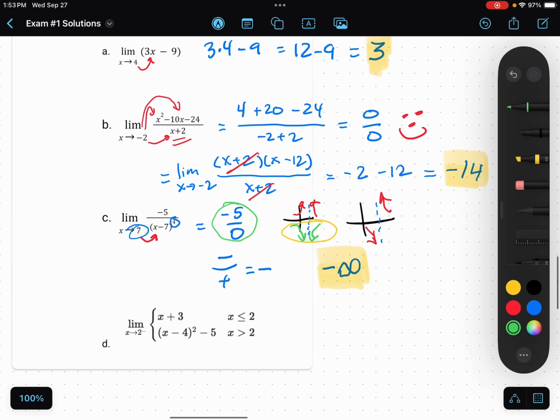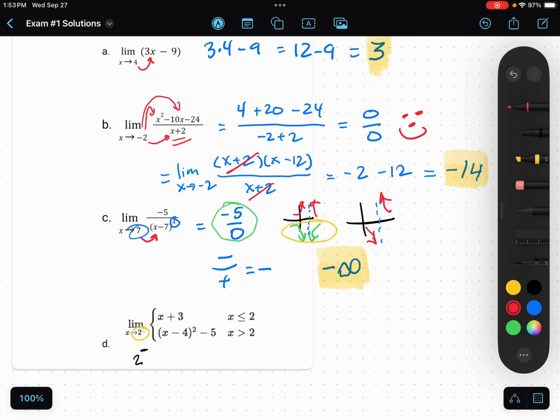Okay, finally, this last part of number 10. On the printouts, the little minus sign next to the 2 wasn't super clear, but I made an announcement in class to make sure you know that's a 2 from the left side. So this limit is saying we want to find out just the left side of 2.